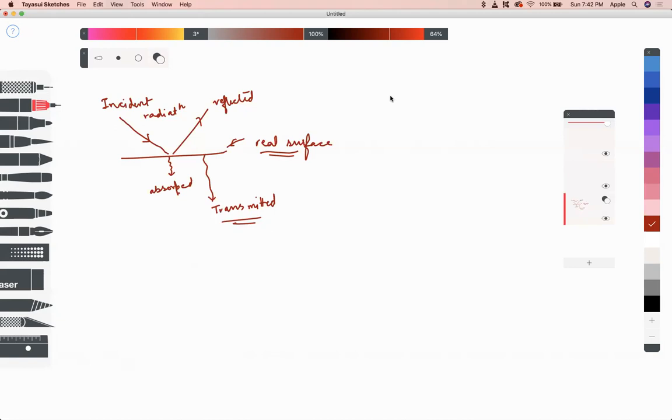Okay, so let's say I have a body which has a matte black finish, and another surface which has a shiny black finish.